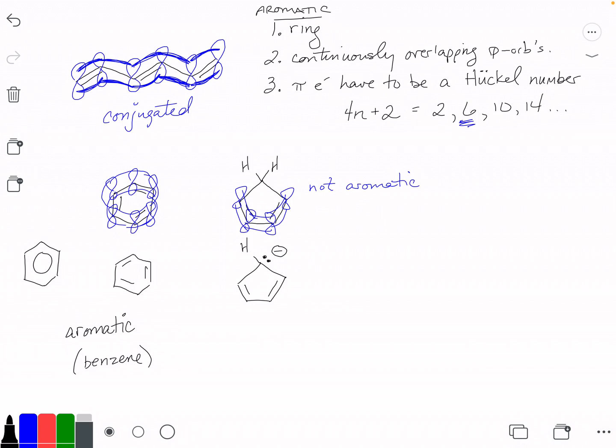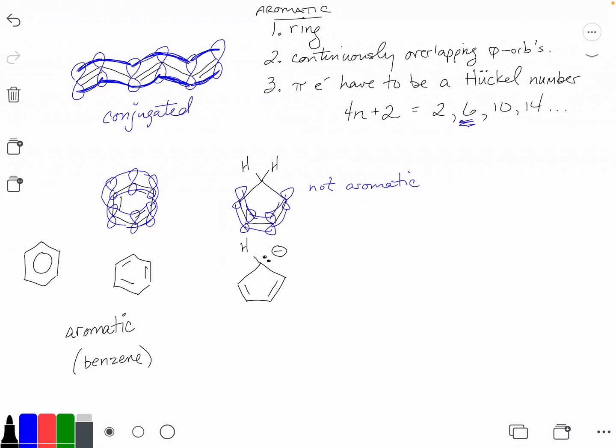Ordinarily, if I were to present you with an atom like this top carbon, and I were to say, what's the hybridization of that carbon? A carbon with 3 bonds and a lone pair of electrons. You would count up 4 electron groups, and you would say, well, that's sp3 hybridized.